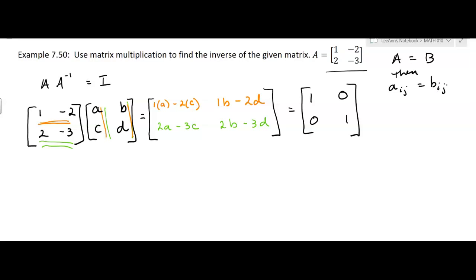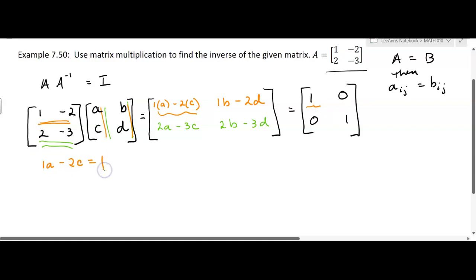So what that's saying is I need to say this has to equal 1. 1A minus 2C has to equal 1. And then 1B minus 2D has to equal 0. It has to correspond to the element in the first row, second column.